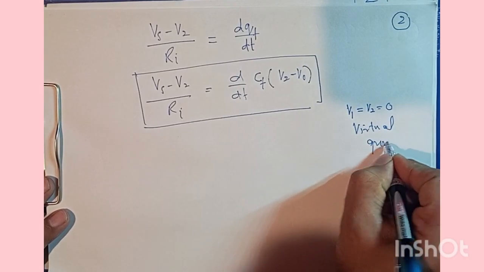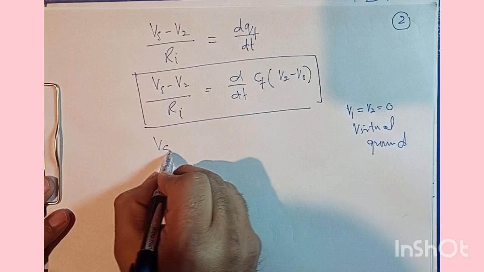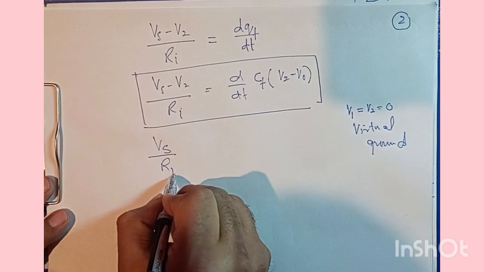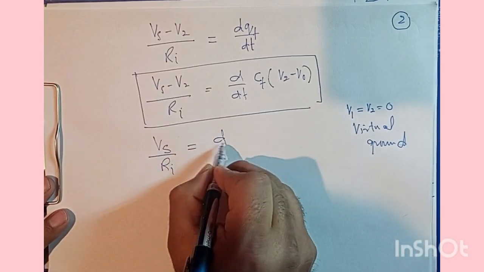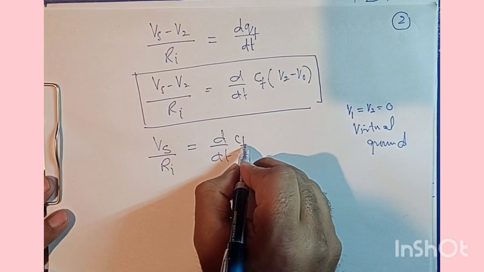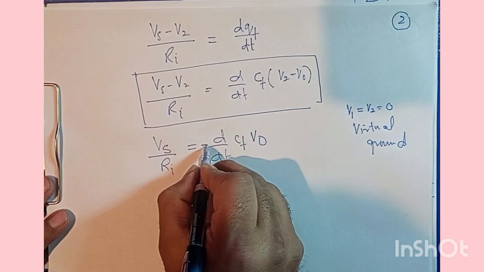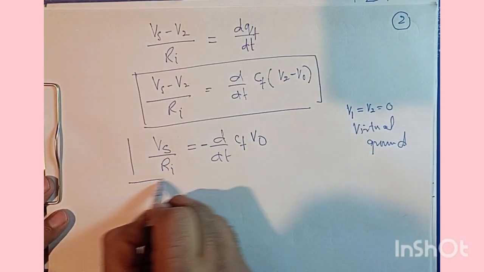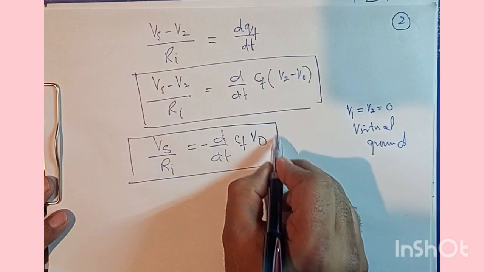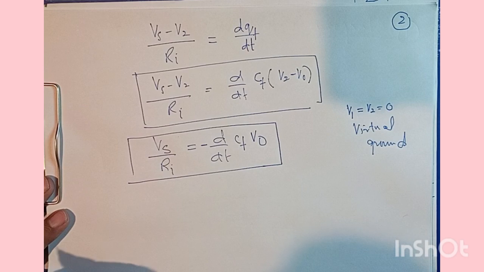So if that's the case, I'm going to get Vs upon Ri equals d by dt of Cf times V out, with a minus sign, and minus is obvious because we are subjecting the signal to the inverting terminal of the operational amplifier.